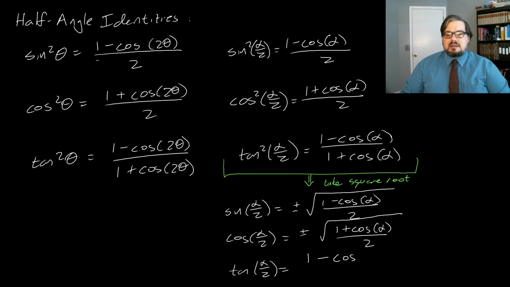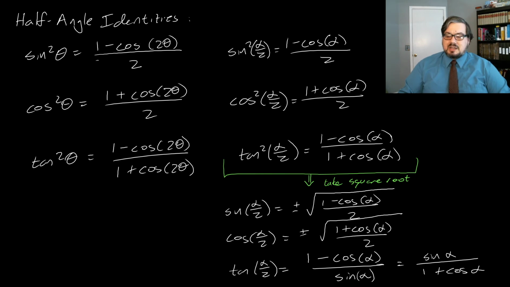And tangent of alpha over 2, it turns out we can actually do better through some algebraic manipulation, which is not too bad. We actually get that tangent of alpha over 2 is equal to simply 1 minus cosine of alpha over sine of alpha, which is in turn equal to sine of alpha over 1 plus cosine of alpha.